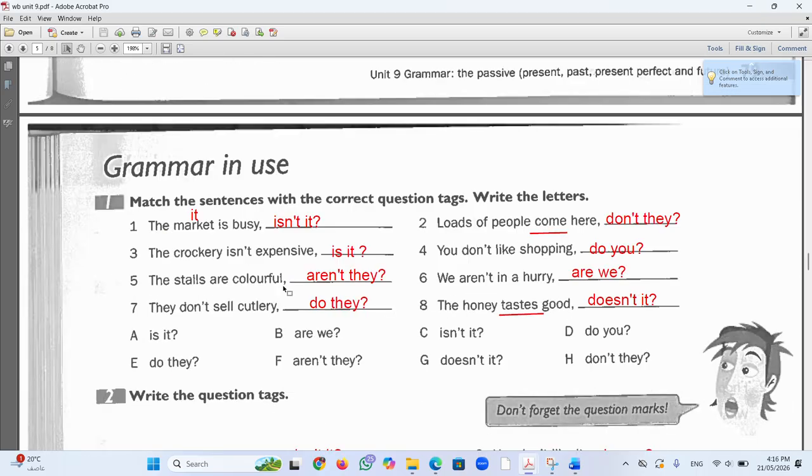This structure is a question tag, which is very important. As I told you, the word market is changed to the pronoun. Then look if it includes not. If we don't have not, we use not here.